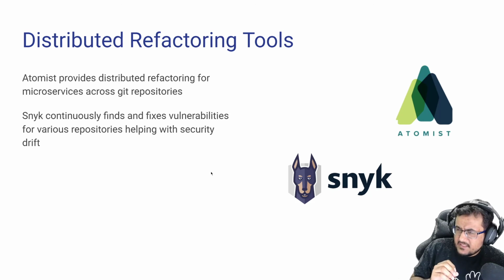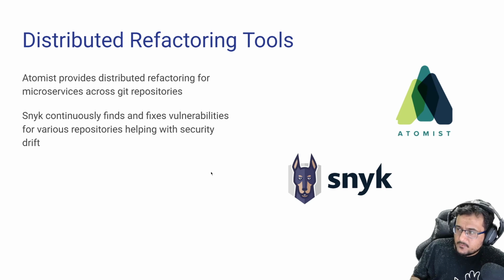And Snyk is a little bit, I would say, more focused or more specific. Snyk is basically for distributed refactoring of security vulnerabilities. Basically, what Snyk does is that it will go to your repositories, check the dependencies, and if they have vulnerabilities, try to keep them up to date.